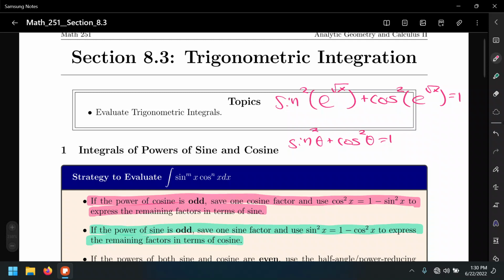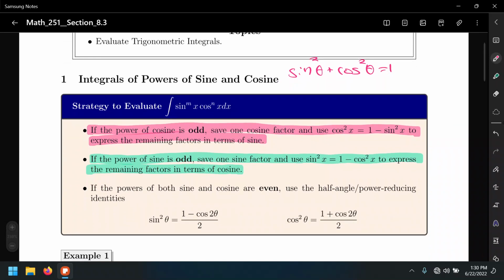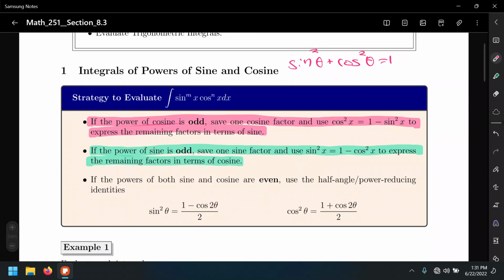As long as both angles in the identity are the same. It's important to keep in mind when we look at examples where the angle is not just x or theta, because that is also taken into account when we set up the u and du part of the problem.